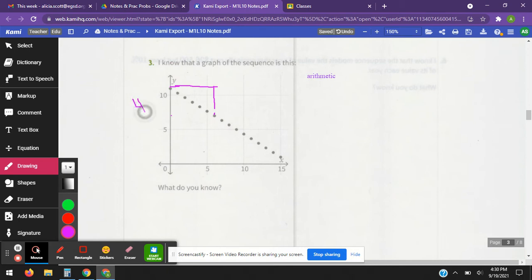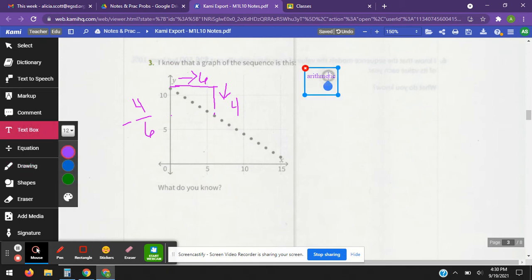So that's 4, that's my rise, and my run is from 0 to 6, which is 6. All right, so it looks like my slope is negative 4/6. So it's right 6, but it's down 4. So rise over run would be 4/6.